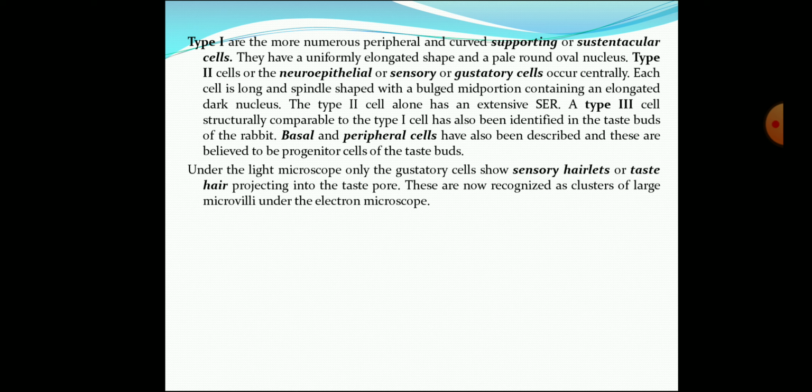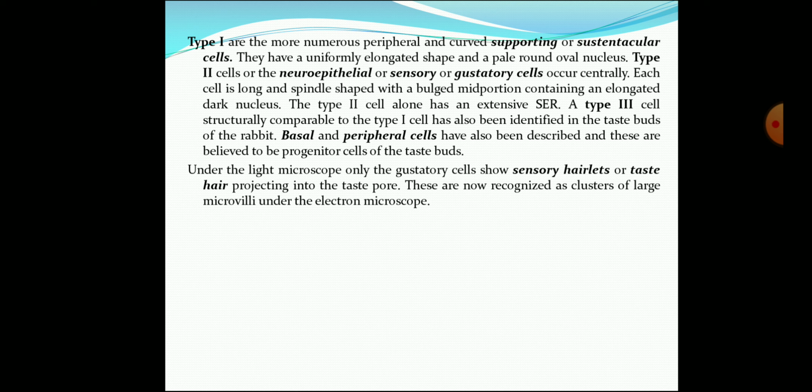Under the light microscope, only gustatory cells show sensory hairlets or taste hairs projecting into the taste pores. These are now recognized as clusters of large microvilli under the electron microscope.